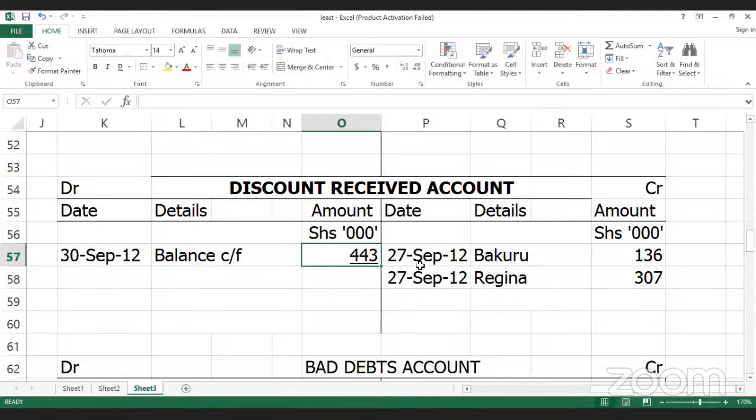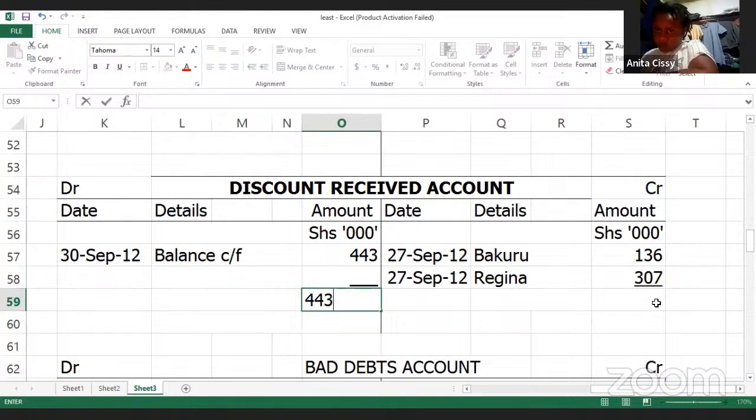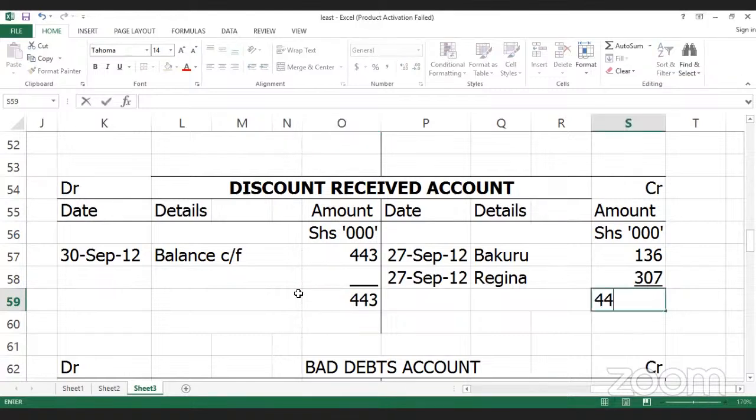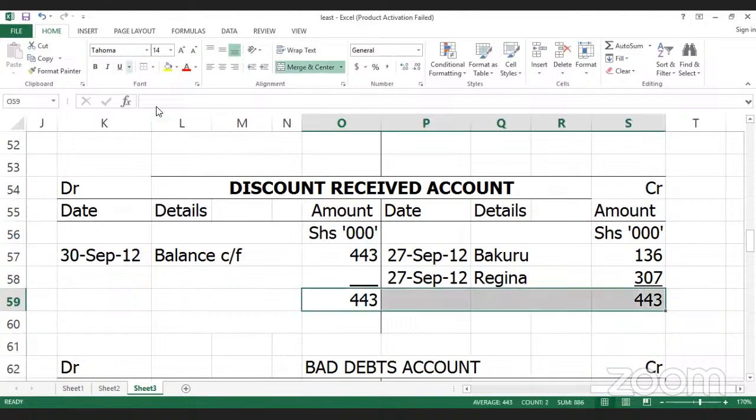That's your total. So we can now show that the totals are the same on either side of the account. Put the totals, that is 443, and then 443. Totals should be on the same level, don't forget.